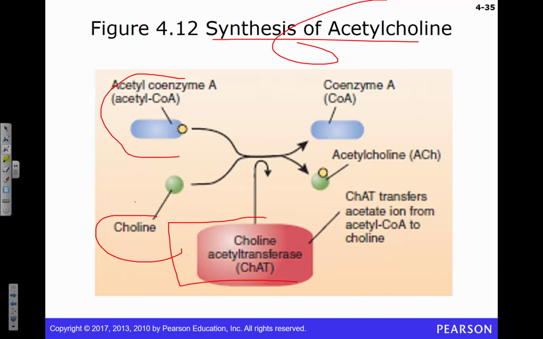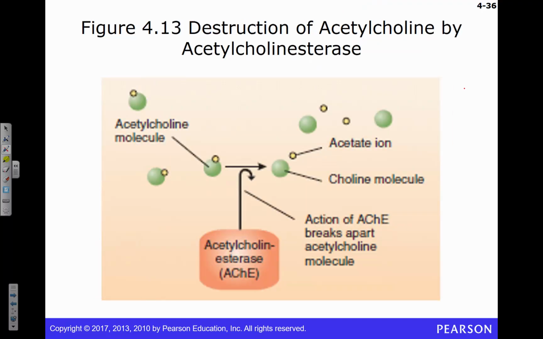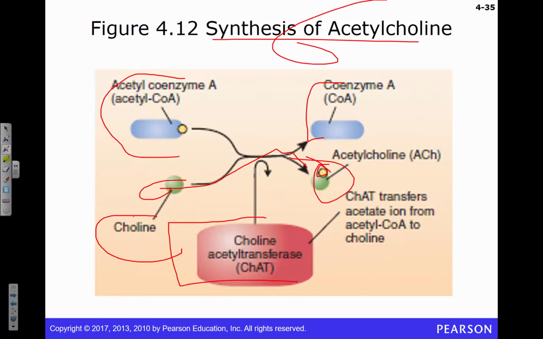We take the choline and we pull off of that this little guy, and what we're left with is coenzyme A and then acetylcholine. To break that down, we use something called acetylcholine esterase, which just takes acetylcholine and breaks it back down into the acetate ion and choline. So this is the degradation process, or the destruction of acetylcholine, and this is the synthesis pathway.